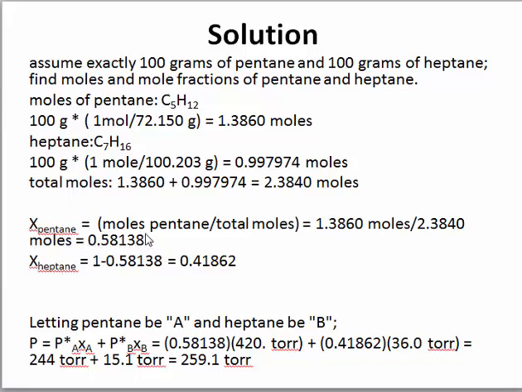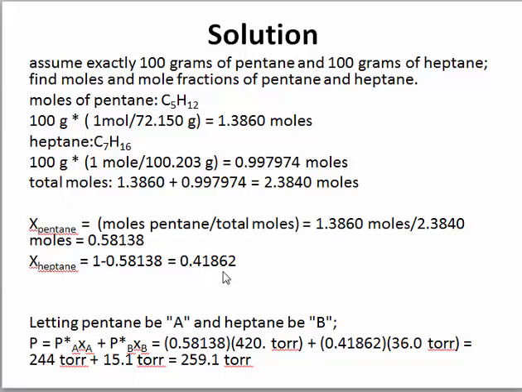You may remember that all mole fractions in a mixture add up to 1. So we can obtain the mole fraction of heptane simply by taking 1 and subtracting the mole fraction of hexane, or rather pentane. We end up with a mole fraction of 0.58138 for pentane and 0.48162 for heptane.